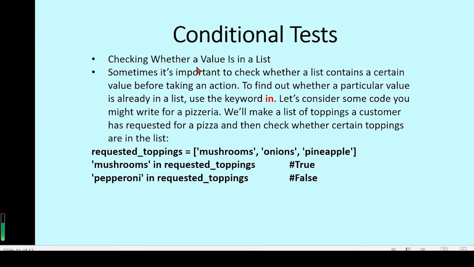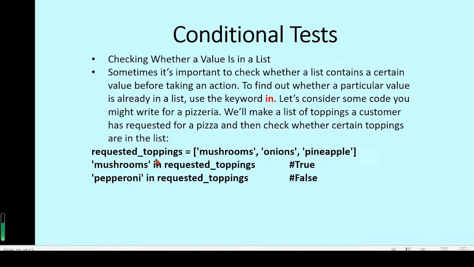And checking whether a value is in a list. Sometimes it's important to check whether a list contains a certain value before taking an action. To find out whether a particular value is already in a list, you can use the keyword in. So let's consider some code you might write for a pizzeria. We will make a list of toppings a customer has requested for pizza, and then check whether certain toppings are in the list.